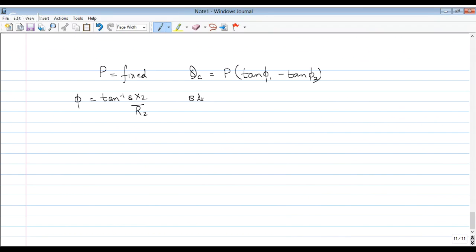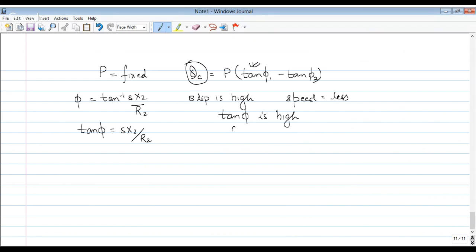So if slip is high, that is, speed is less, phi is high. If tan phi becomes high, this QC also becomes high. For less speed, we need a higher rating of capacitor. So the answer should be B.